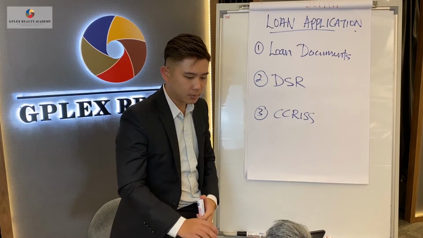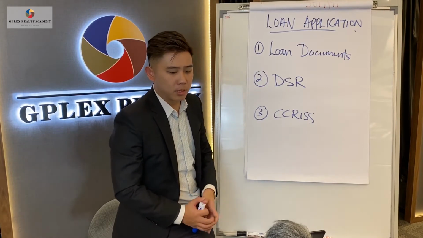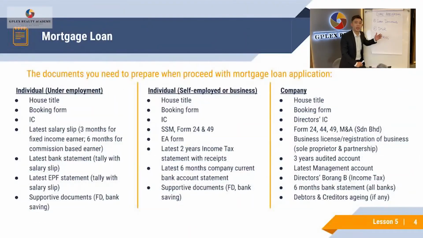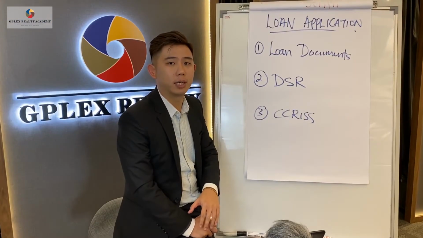All right, so let's see in the table, or you can see in our slide there. So we talk about loan documents first, for an individual under employment. There are a few things that you need to gather for the loan submission.